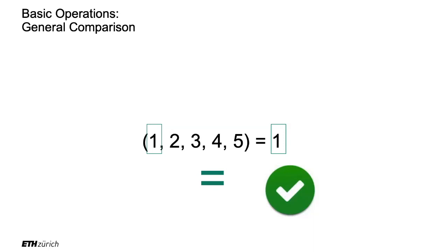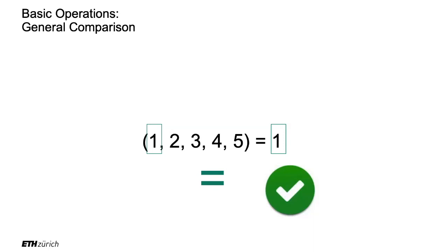Meaning that if you have two sequences of any size and you use equal, it returns true if there exists one item on the left and one item on the right that are equal, as with EQ. So if you have two items that are equal, then it returns true. And it returns false if there is no intersection, no two items on the two sides that would be equal. So here, that returns true because you have one that is on both sides.